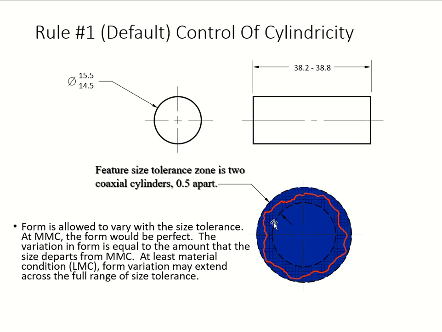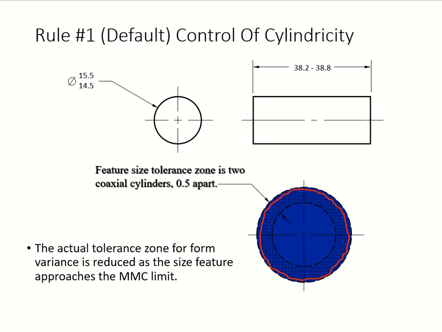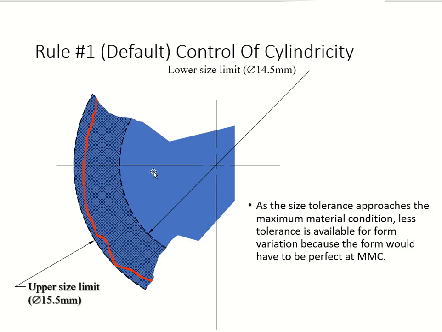So the form variation may extend across that range, of course, but as long as it stays within those size limits, it's okay. All right, then we go into the next form. See how it's closer to your MMC right there, but still is accepted. Now we're going to get into exaggerated form.